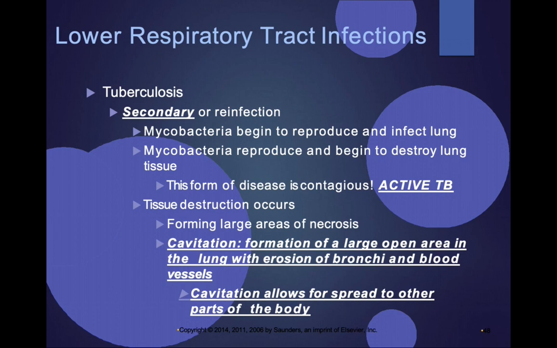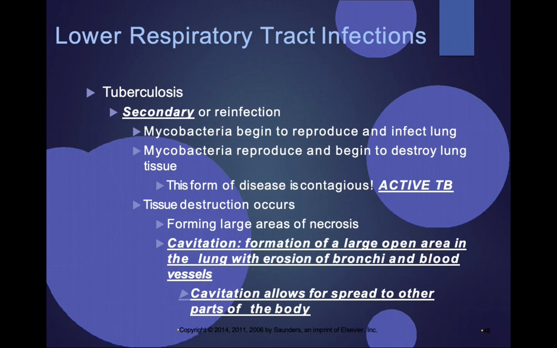Okay, you have the destruction of the lung tissue, so you start to get these areas of necrosis, and you get something called cavitation with secondary TB. Cavitation is the formation of a large open area in the lung with erosion of the bronchi and erosion of the blood vessels.